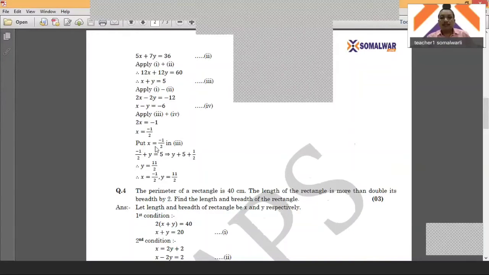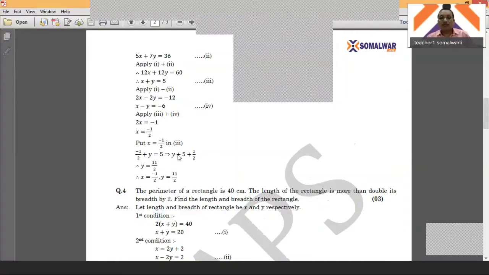Putting x is equal to minus 1 by 2 in any equation, here we have put it in the third equation to make it simple. It is x plus y is equal to 5. So x value is minus 1 by 2. So minus 1 by 2 plus y is equal to 5. That implies y is equal to 5 plus 1 by 2, as this minus 1 by 2 will go to the right side and becomes plus.